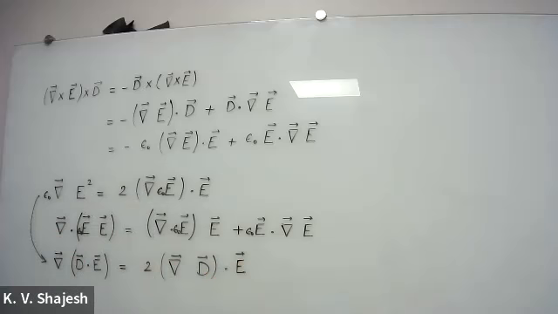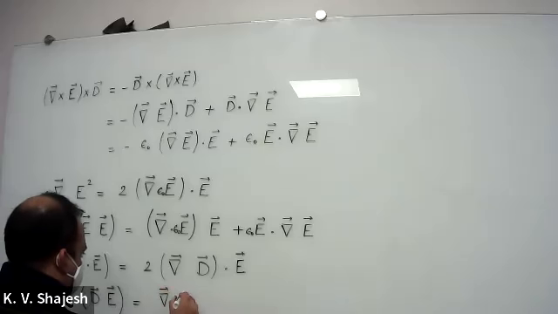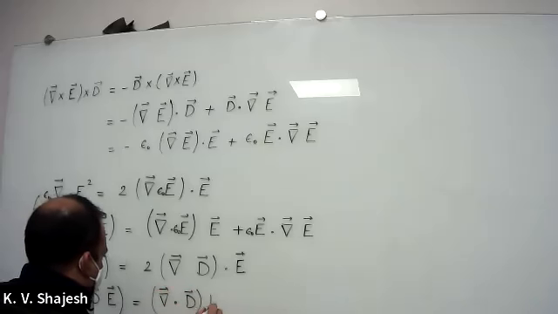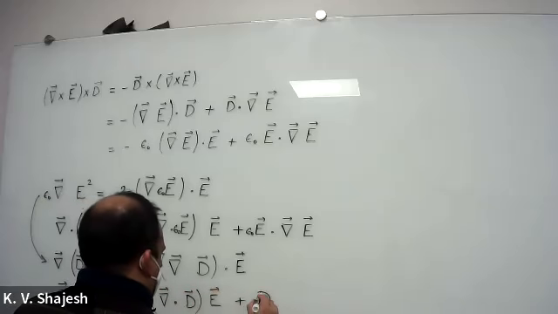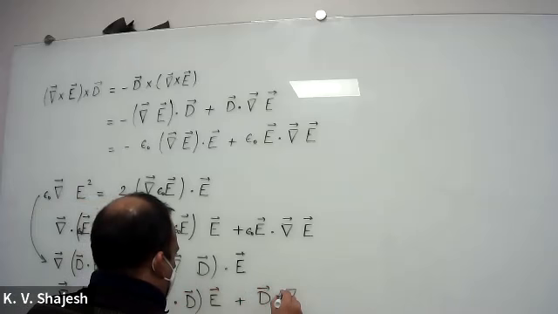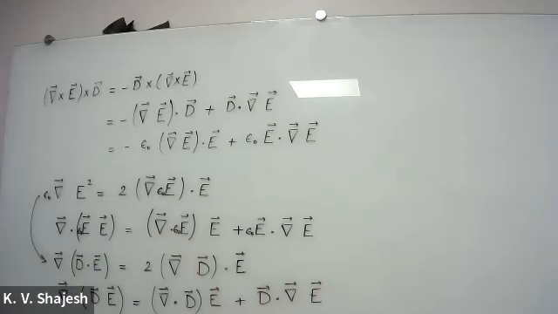Yeah. And here, this is divergence of E, E is equal to divergence of D alone, D plus D. This is basically algebraic manipulations.